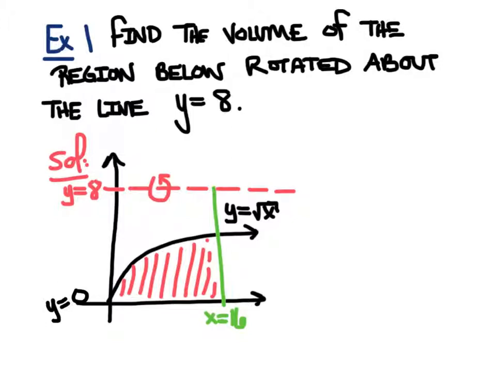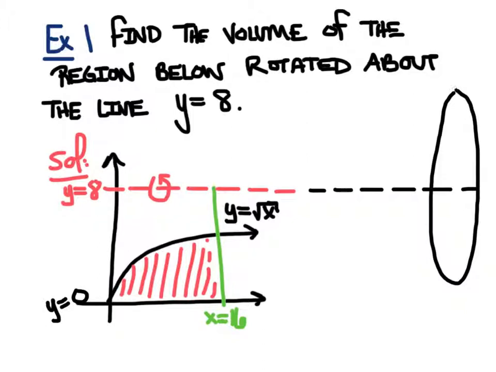So you first have to think about what this looks like in 3 dimensions. Here's the axis of rotation, and when we spin this region about this axis, you're going to get a large cylindrical looking object, somewhat like this.